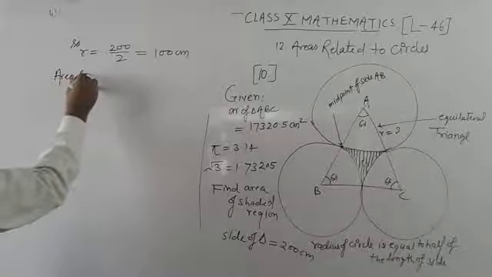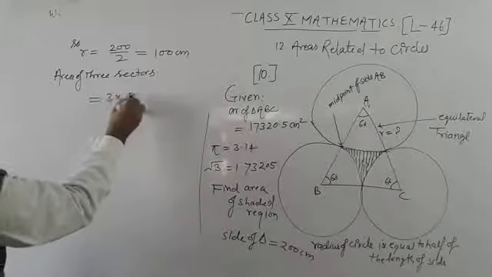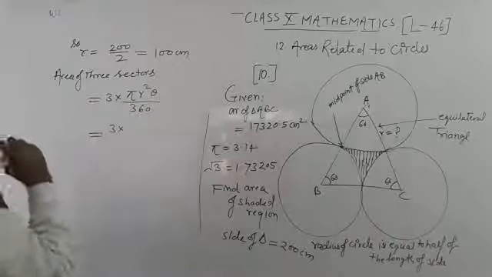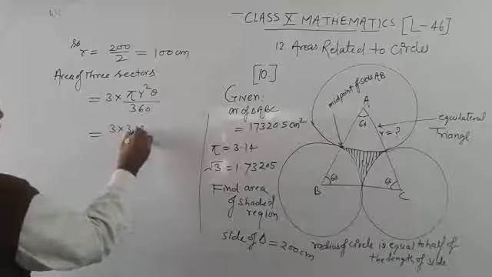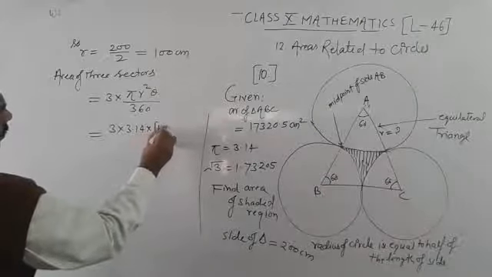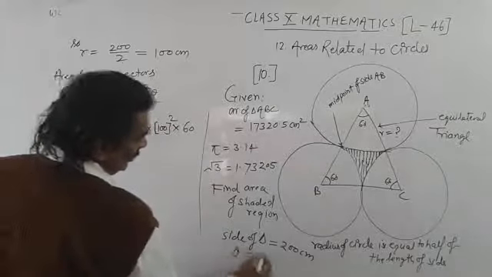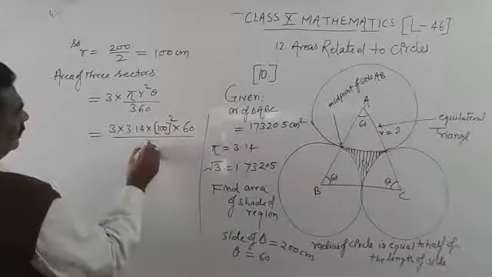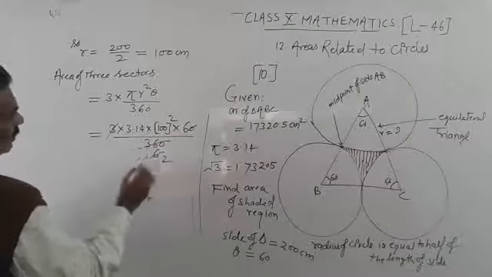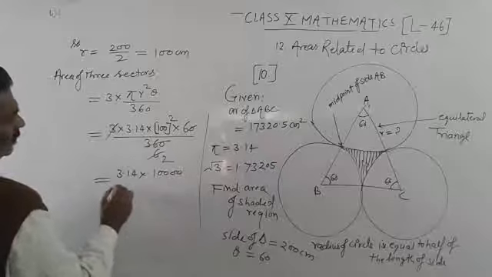Area of 3 sectors is equal to 3 multiplied by pi r square theta upon 360. 3 multiplied by, using pi, the value of pi is 3.14. The radius is here 100 centimeter, and theta is 60 degrees, upon 360. 60 by 360 is 1 by 6, and 3 by 6 is 1 by 2, so it can be written as 3.14 multiplied by 10,000 upon 2.